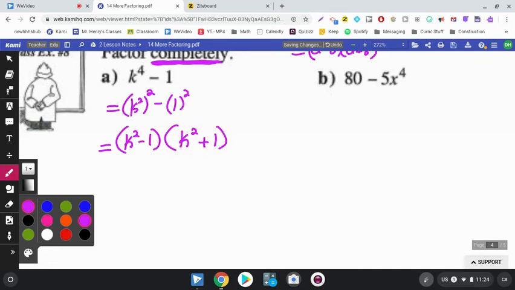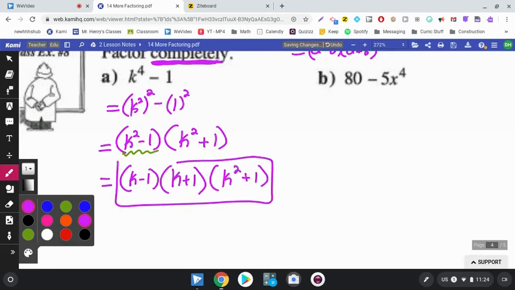So this one is done, but I can actually still factor k squared minus 1. That would factor to k minus 1, k plus 1. And then I still have the k squared plus 1. So factoring completely means, hey, if there's any of your factors that you can still keep going with, keep going. Absolutely keep going. And we're going to find that we can factor even further and further and further.